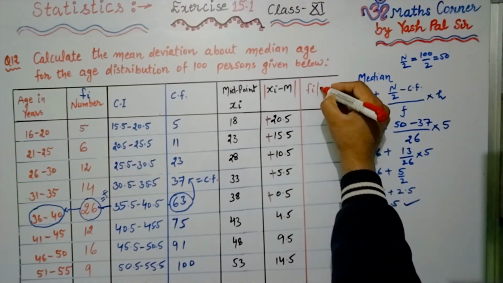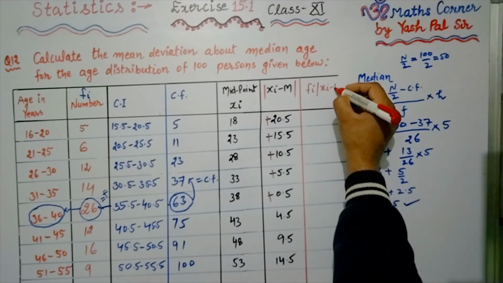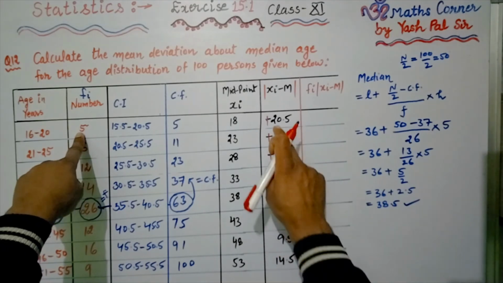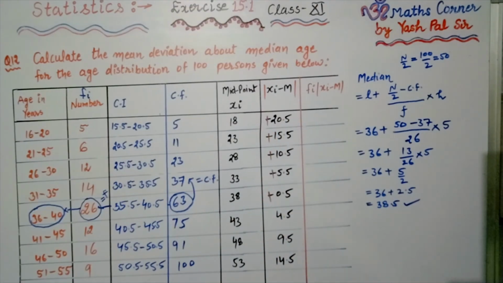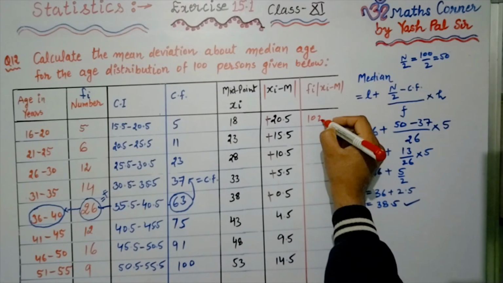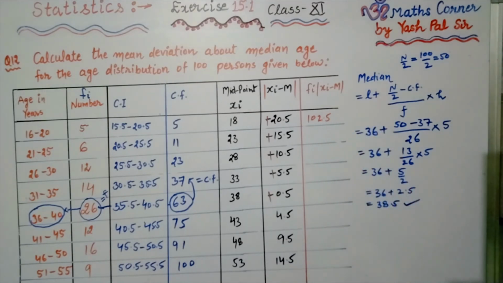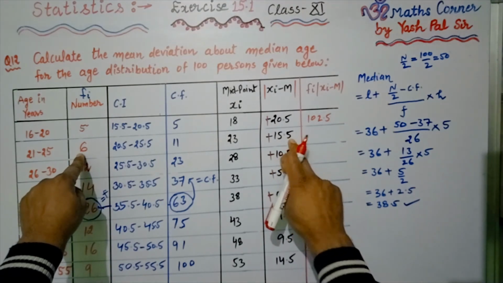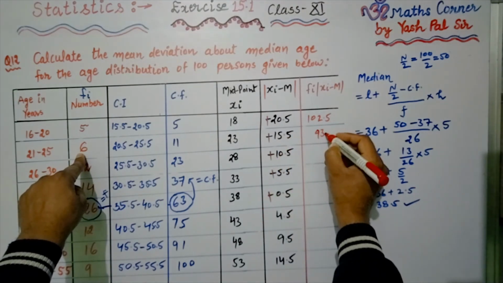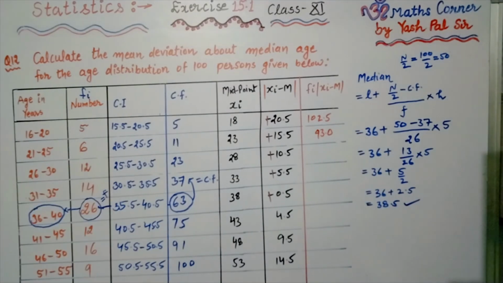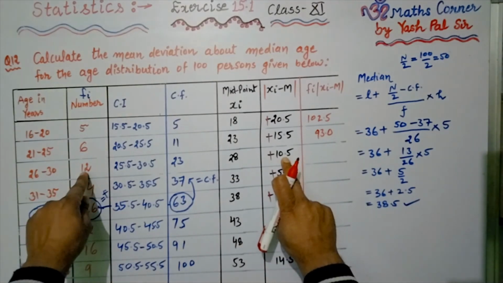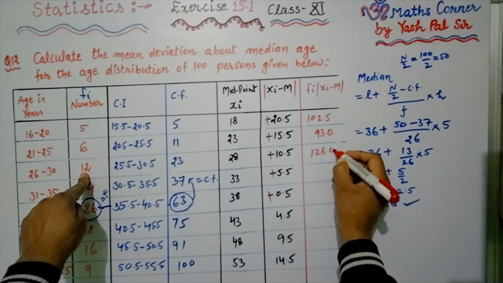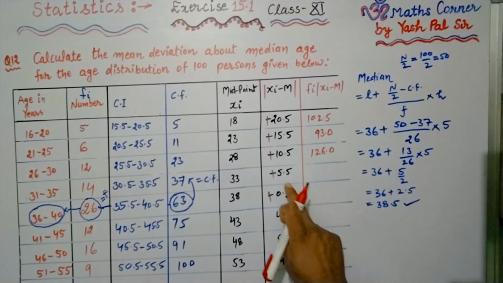Lastly we calculate fi into modulus of xi minus m. Where is fi? This is fi. 5 into 20.5 is 102.5. Next is 15.5 into 6, answer is 93.0. Next is 10.5 into 12, answer is 126.0.